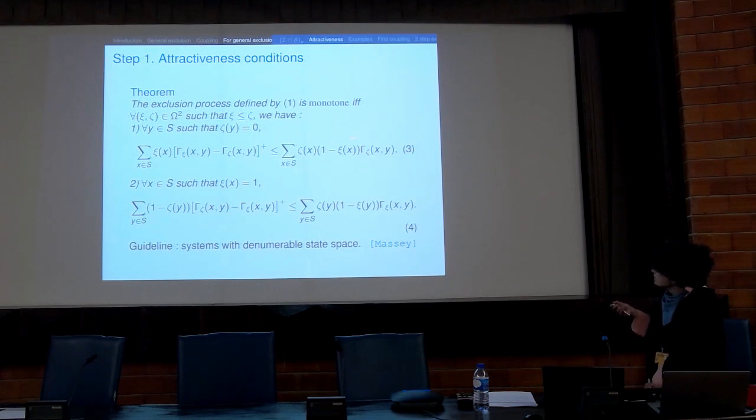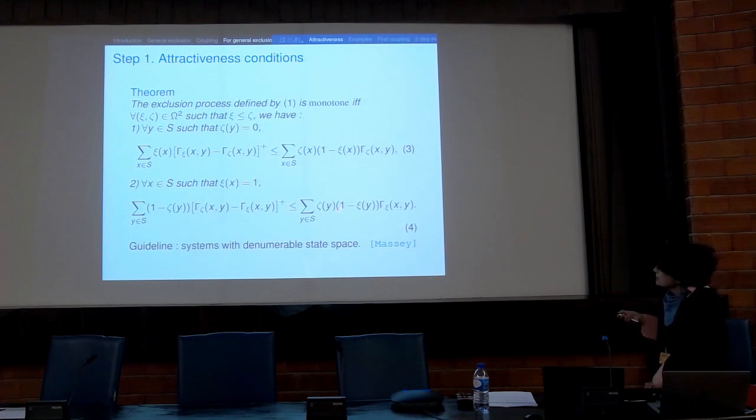So with this, if you use one of those jump rates, you'll have the particle at y, which will be filled for the configuration zeta, which is okay, since here it would have been empty, but then you fill it. So then you keep the order by building a coupling rate, taking into account that a jump of this type has to be balanced by a jump of that type. And since here you have less than or equal, it means that it will be possible to find such a rate.